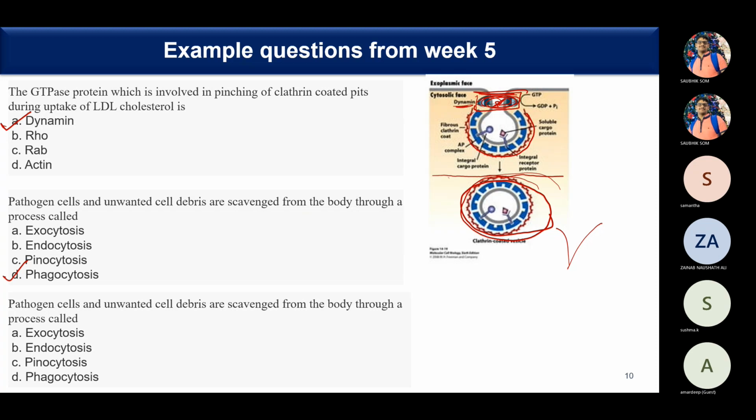Pinocytosis is a process where cells take up fluids from the environment. Okay, this is known as pinocytosis. And in phagocytosis, generally the cell is directed and takes up large particles.